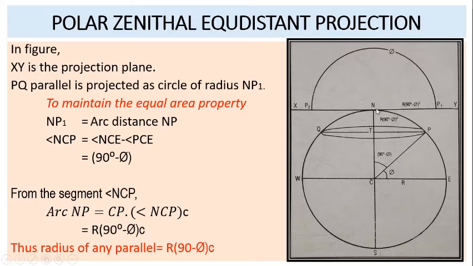When such an angle is created, we can say arc NP is equal to CP, or it may be NC also, into the angle in radian measurement, or in simplified form it is R into 90 minus phi in radian. Thus the radius of any parallel is equal to R into 90 minus phi in radian.